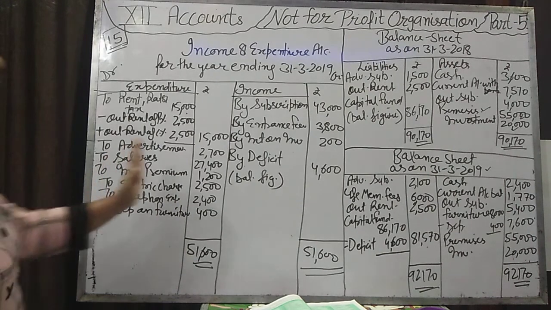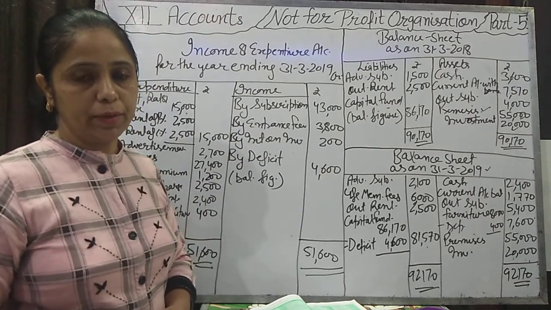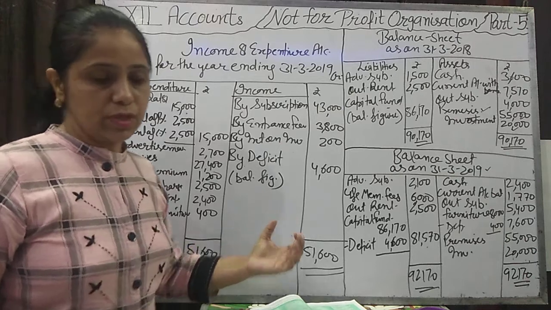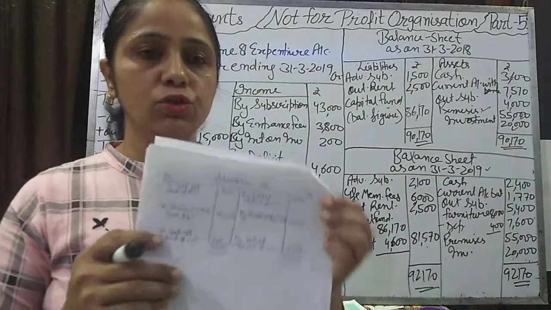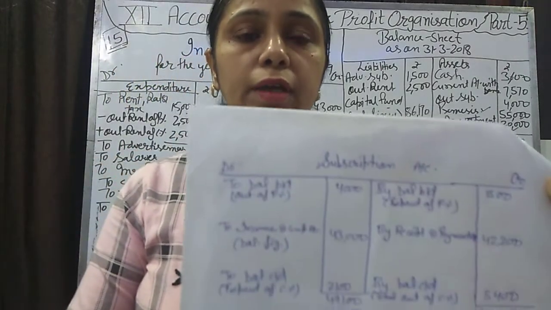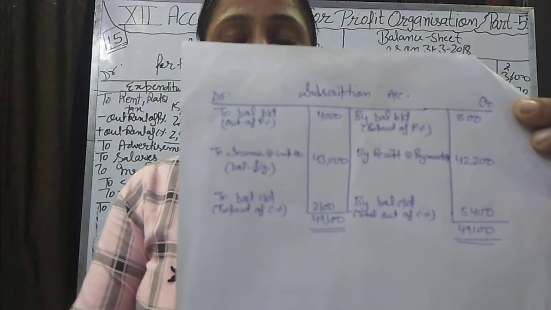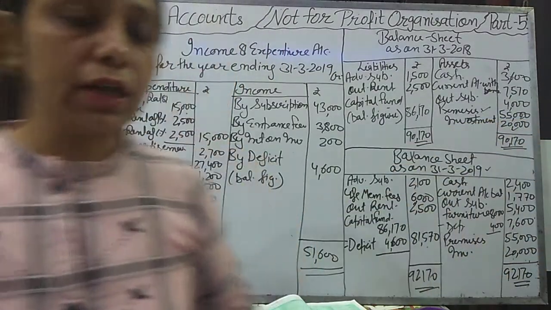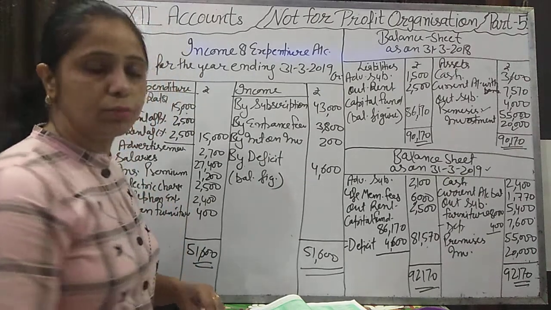So students, this is the full question that will come for 6 marks in your paper. In it you have to show the subscription account that I have made on this paper. You have to make this subscription account at the end of the question as a working note. You can also find out the subscription account by the method that is given in your book.